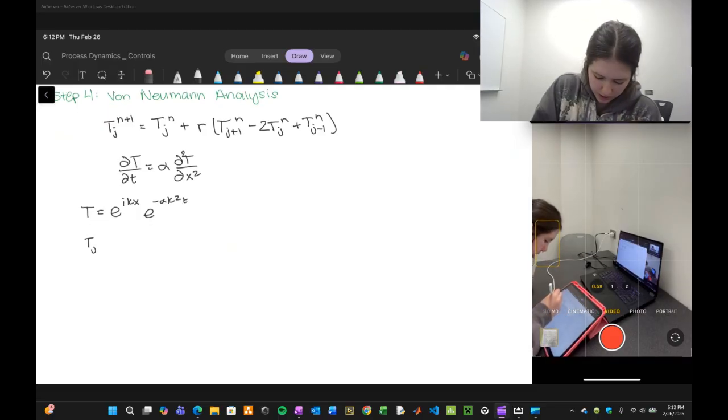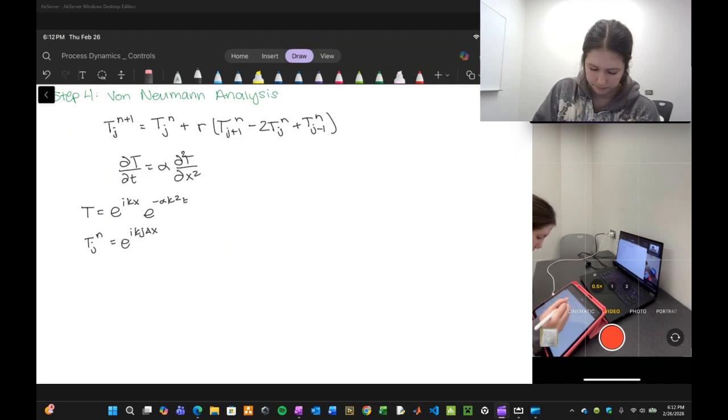So our T_j of n would equal e to the i k j delta x, times e to the minus alpha k squared, we'll have n delta t.